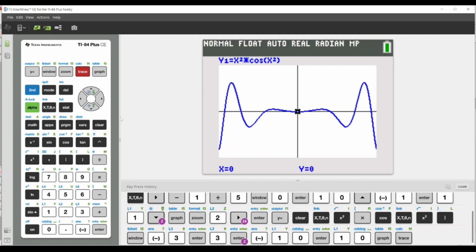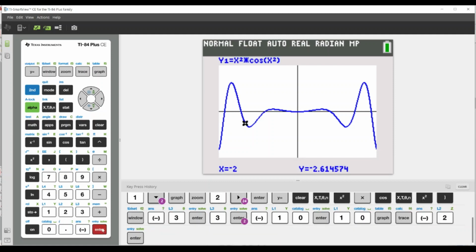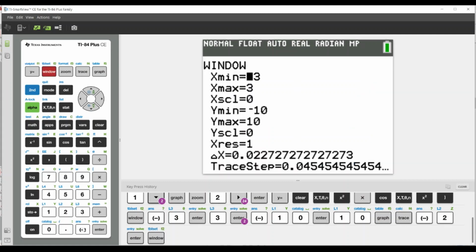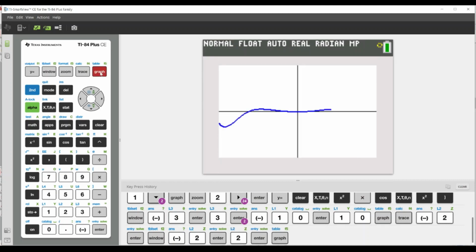So I'm going to hit trace, and I'm going to punch in -2. And it's going to take me to where -2 is. So these humps on either end, these relative maximums out here, are not in our interval. If we want to go ahead and adjust that right now, -2 to 2, maybe that would make it a little bit easier. That's totally up to you.